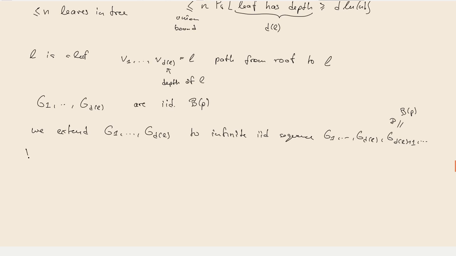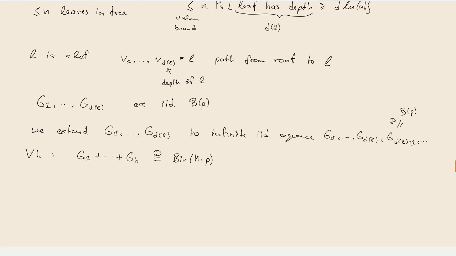Because now we can, for every number h that we pick, take the first h of these g's and sum them up. And if we do that, we get something that has a binomial distribution, just by definition.